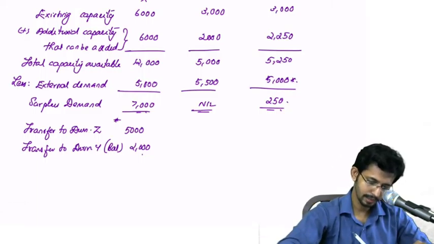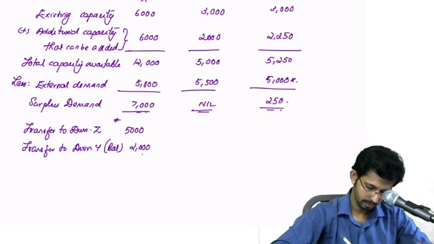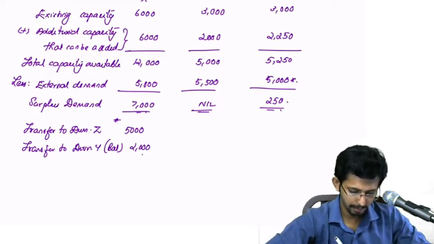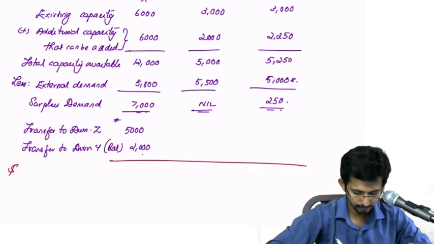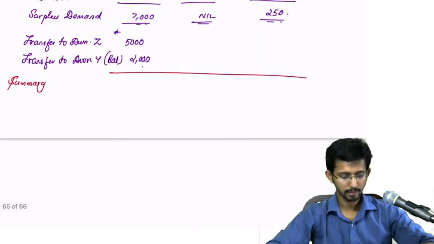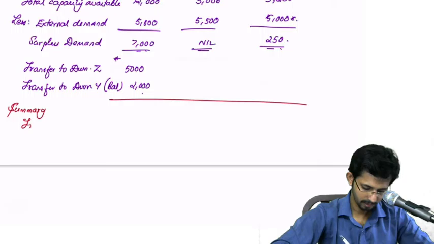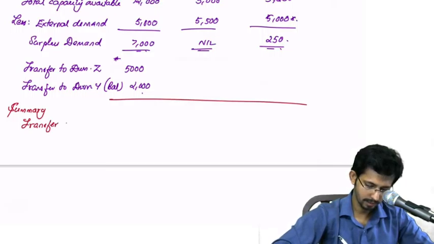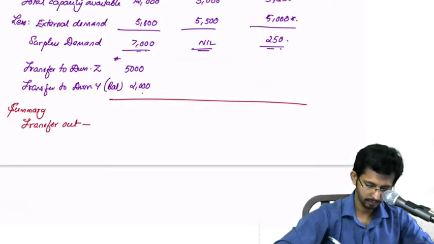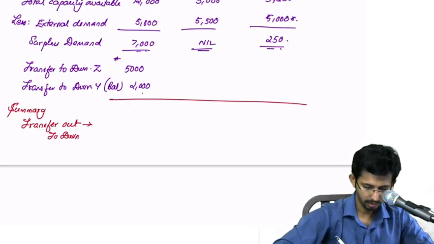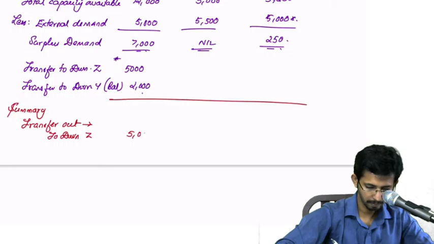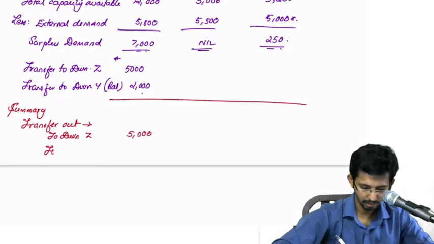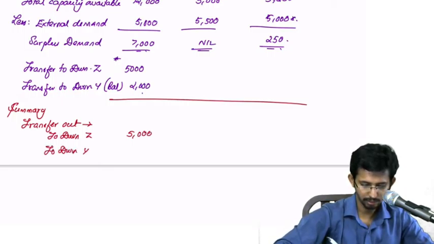So I am writing it as a summary. Transfer out, to division Z 5000, to division Y 2000.